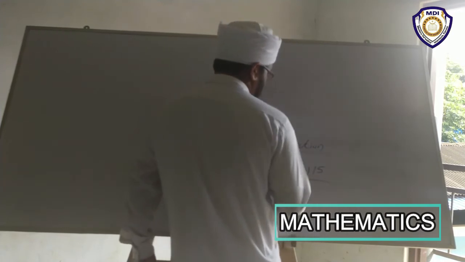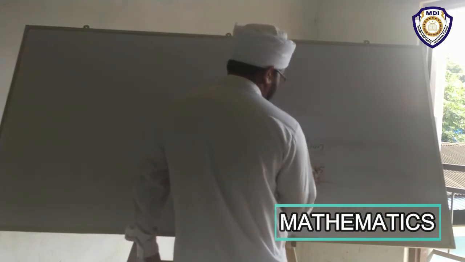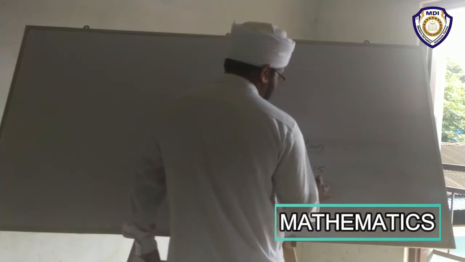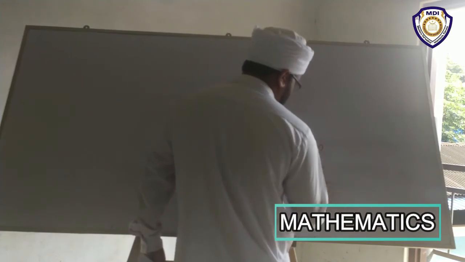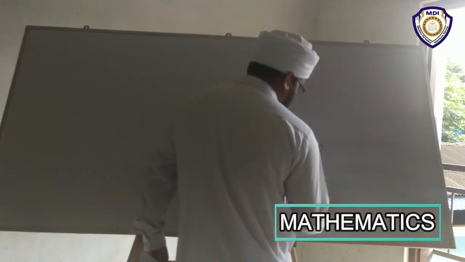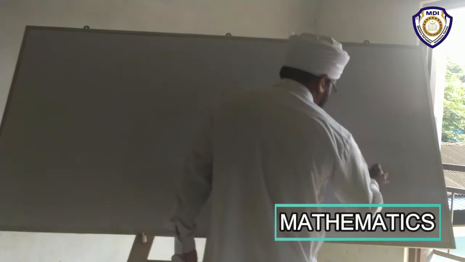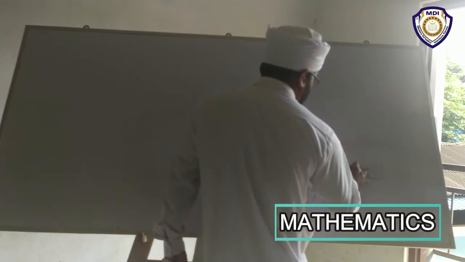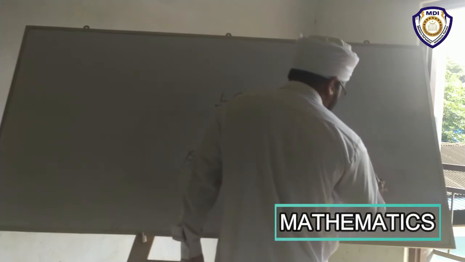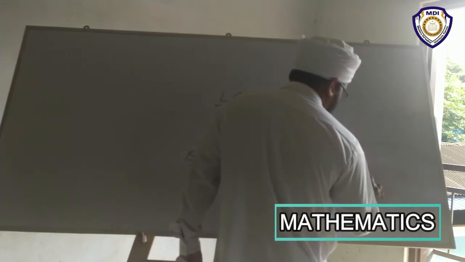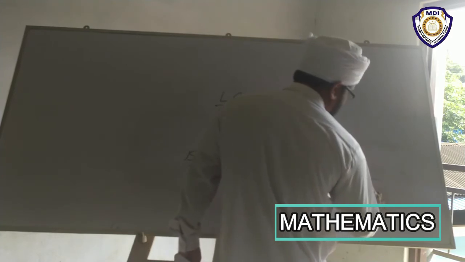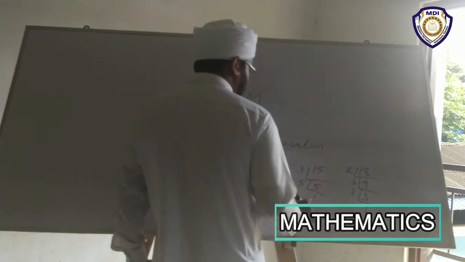15 can be divided by 3, 5, 1. Okay. Then 18: 2, 9, 3, 1. Okay.